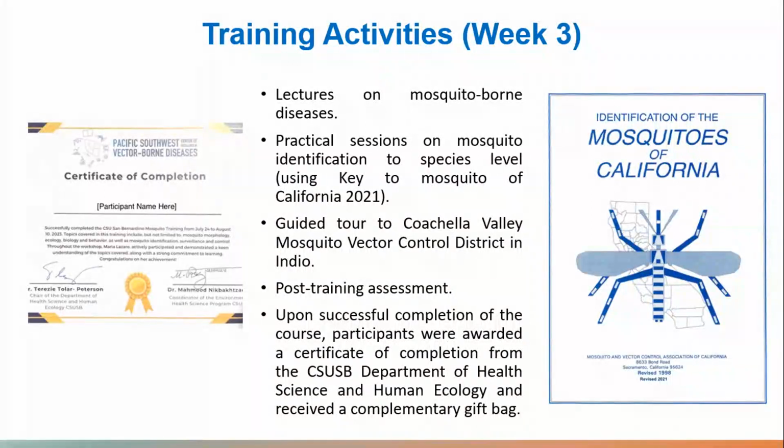They also had a guided tour of the Coachella Valley Mosquito and Vector Control District, where they were able to visit the facility and familiarize themselves with the different materials and equipment used there.